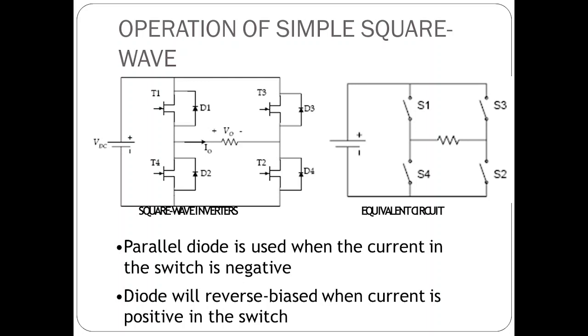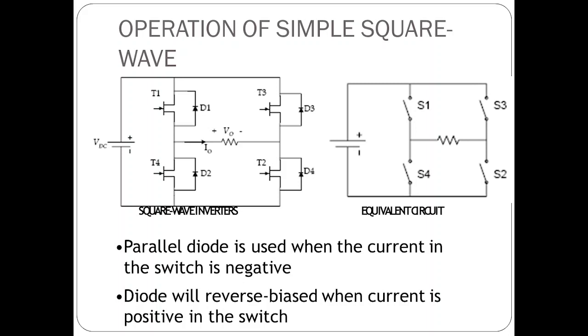These switches will have different polarities, positive as well as negative. When the current in the switch is negative, only then will the diode operate.